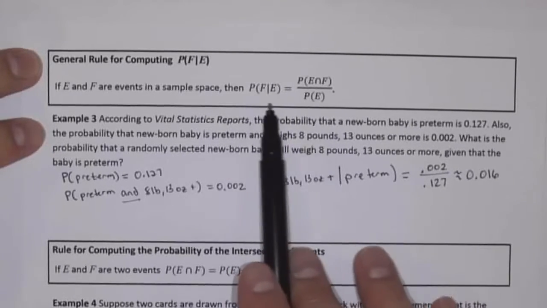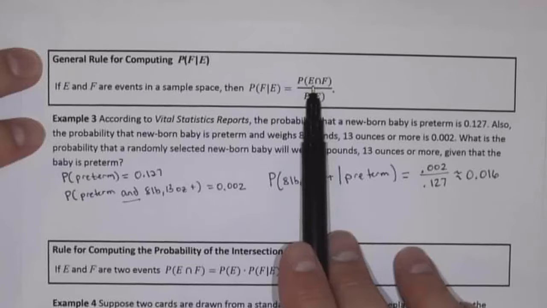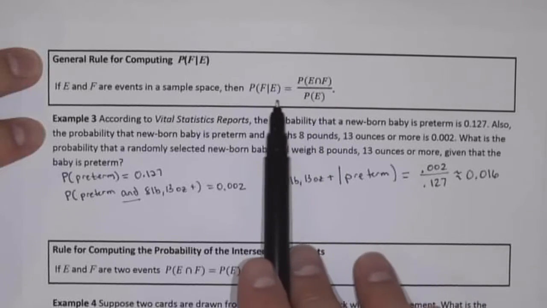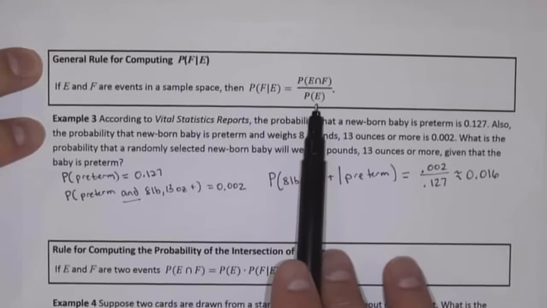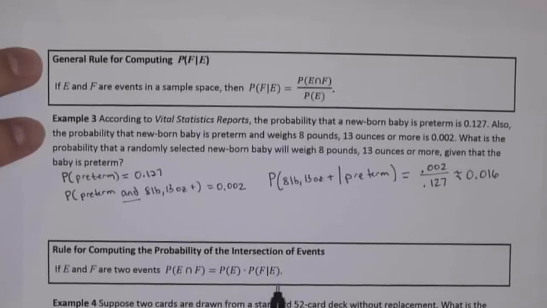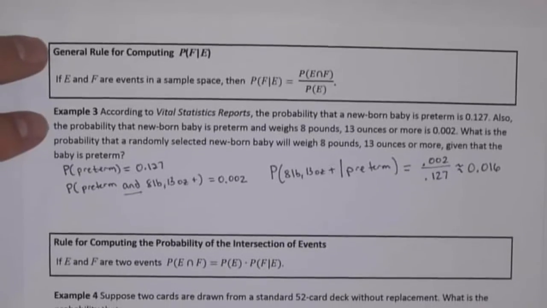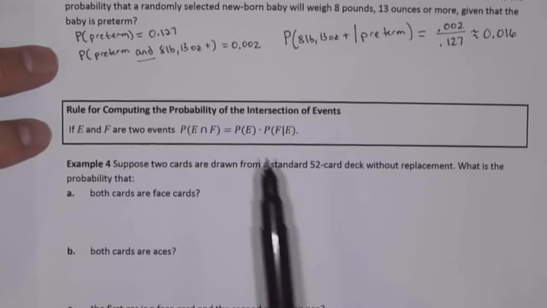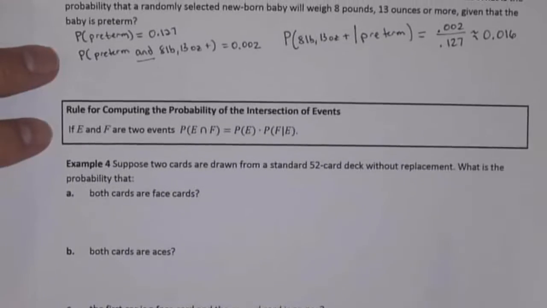The difference is we've solved this formula for the probability of E and F. So if we were to multiply both sides of this by P of E, we get this result right here. The probability of E intersect F equals the probability of E times the probability of F given E.